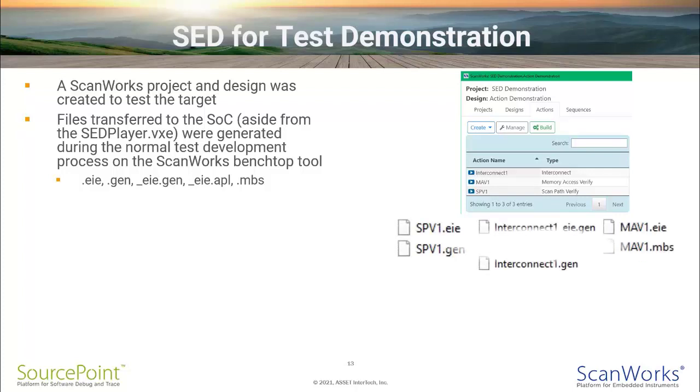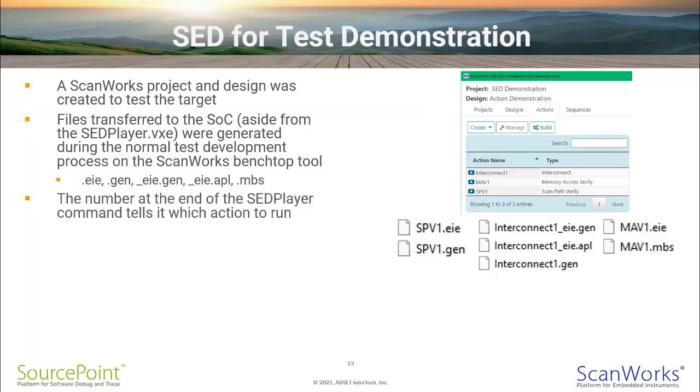All of those files were created using the benchtop tool when you're going through the necessary ScanWorks project development, ScanWorks project design and action creation process there. So again, we just simply uploaded those to the SoC.